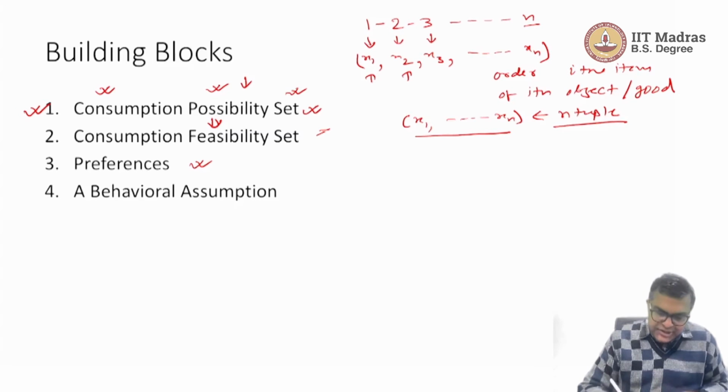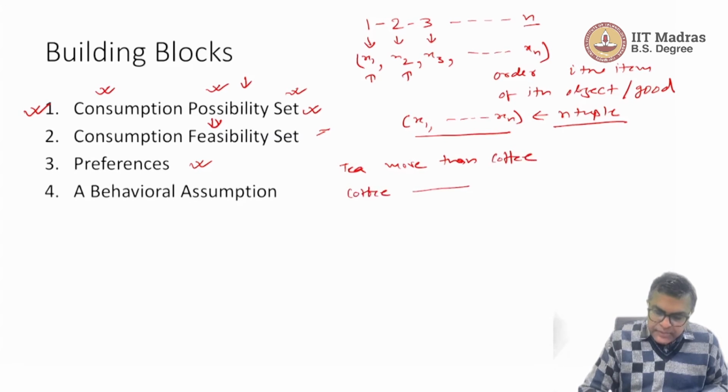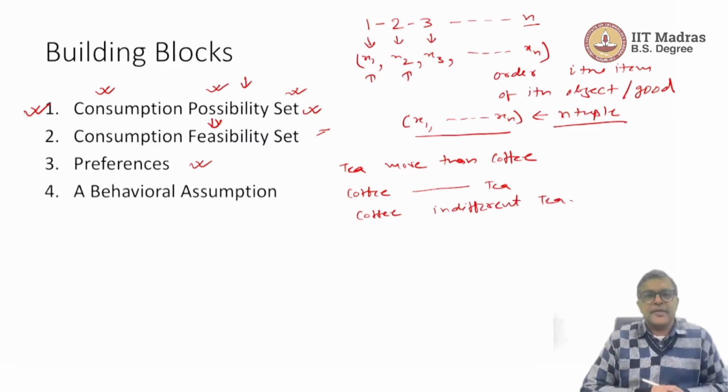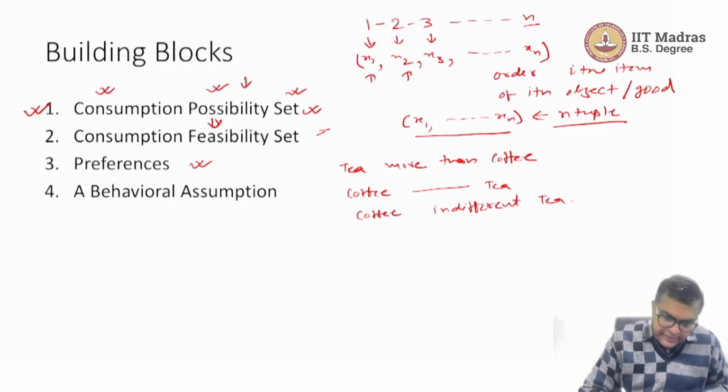You would say tea, that I would prefer tea if you like tea more than coffee, or you would say coffee if you like coffee more than tea, or you can say I do not care, as you are indifferent between tea and coffee.